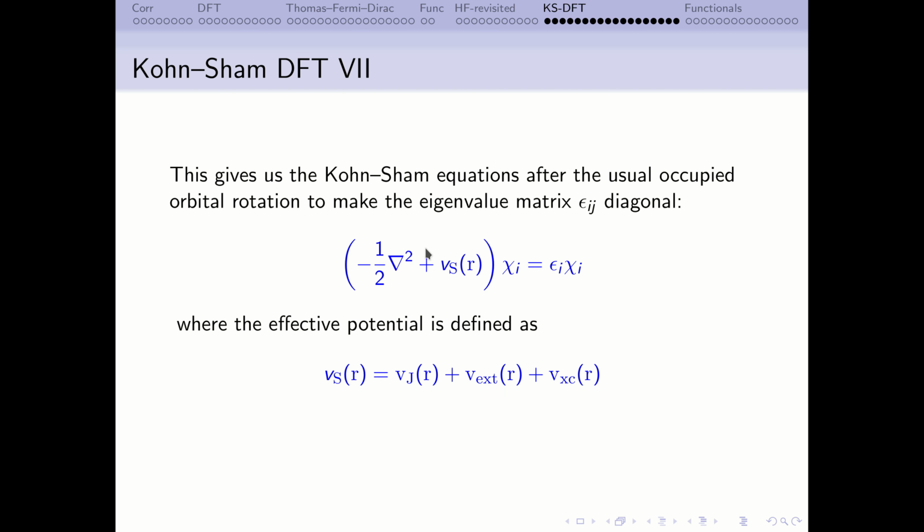But we will also know what this potential is. This potential will be defined to be the sum of a Coulomb part, an external part, and an exchange correlation part. Now, if this sounds familiar, yes, it is exactly what we had for the Fock equation a few slides ago.